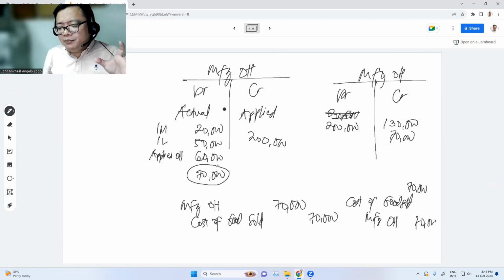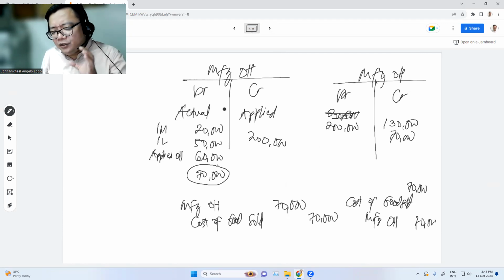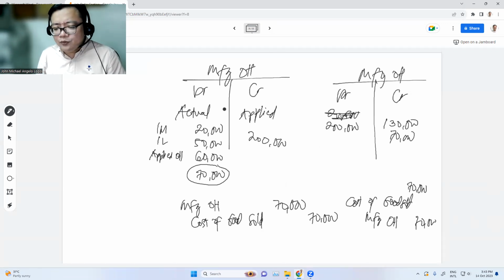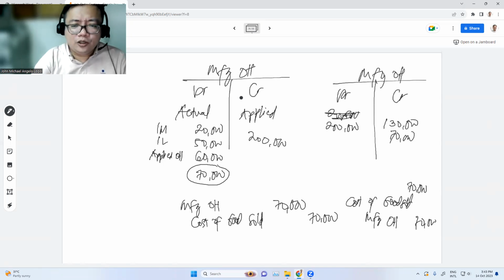On the debit side, that is the actual, while the credit side is our applied manufacturing overhead. So that's what we need to consider for our job order costing system.